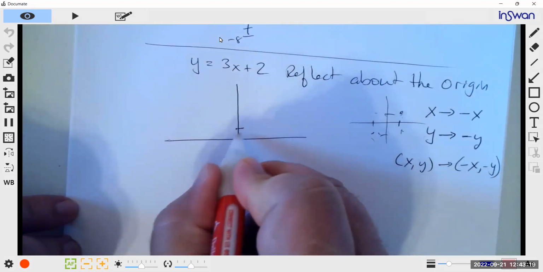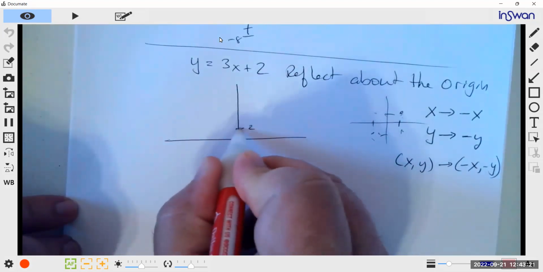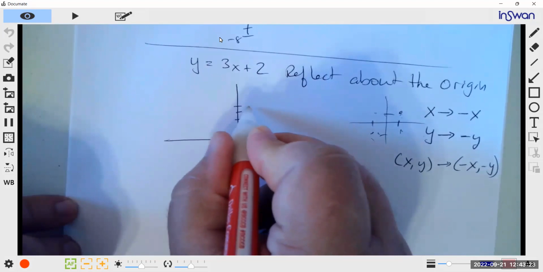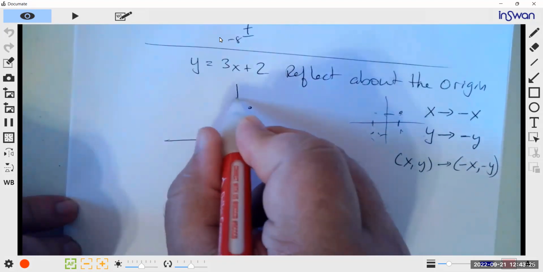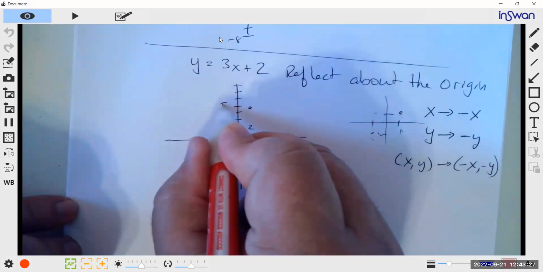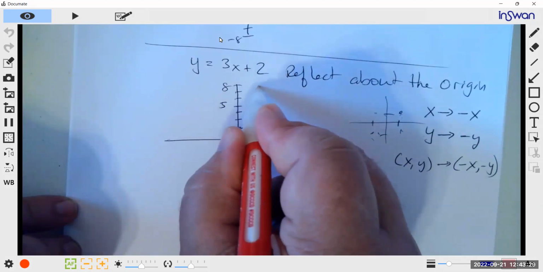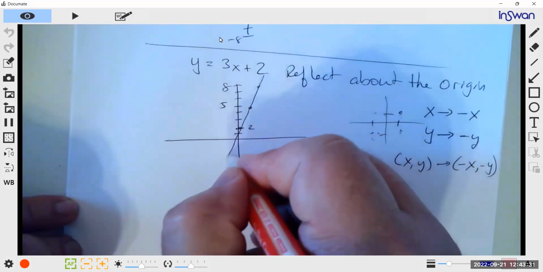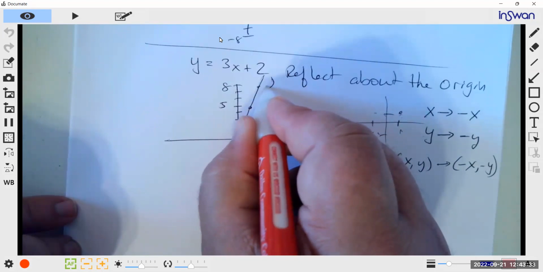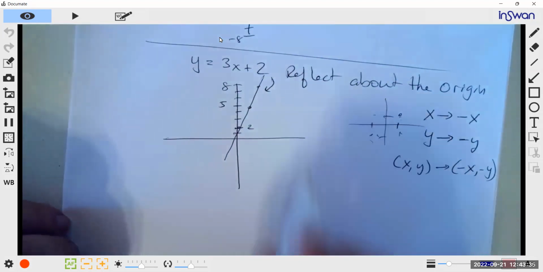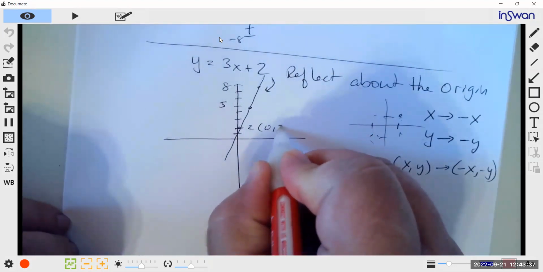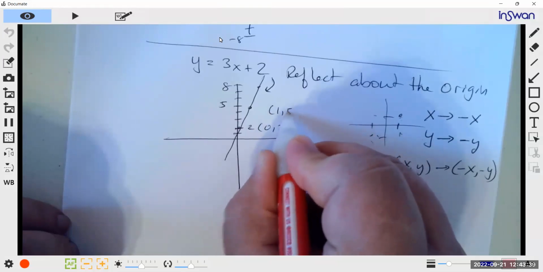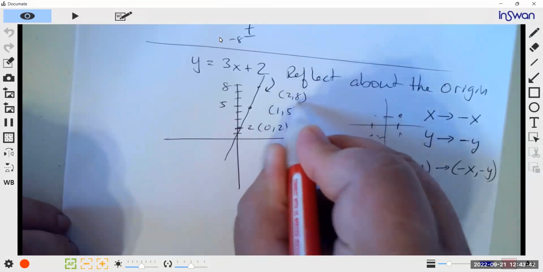So graphically, here's our original equation. It's at 0, 2, 1, 5, 2, 8.